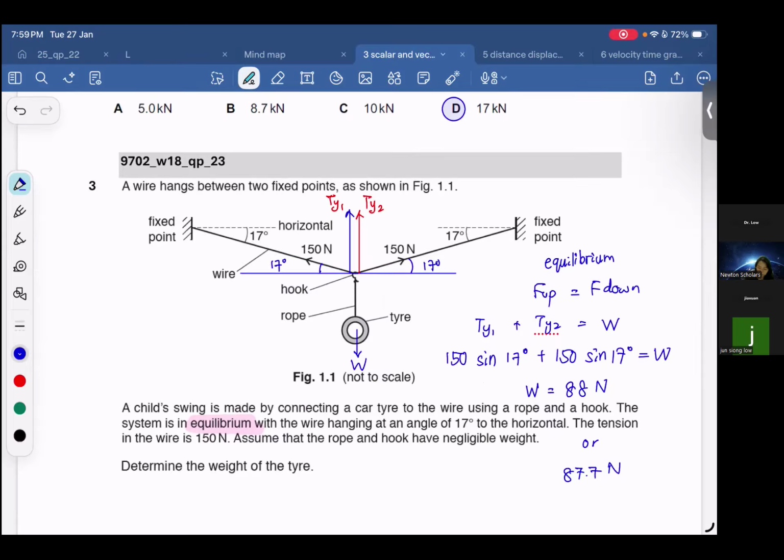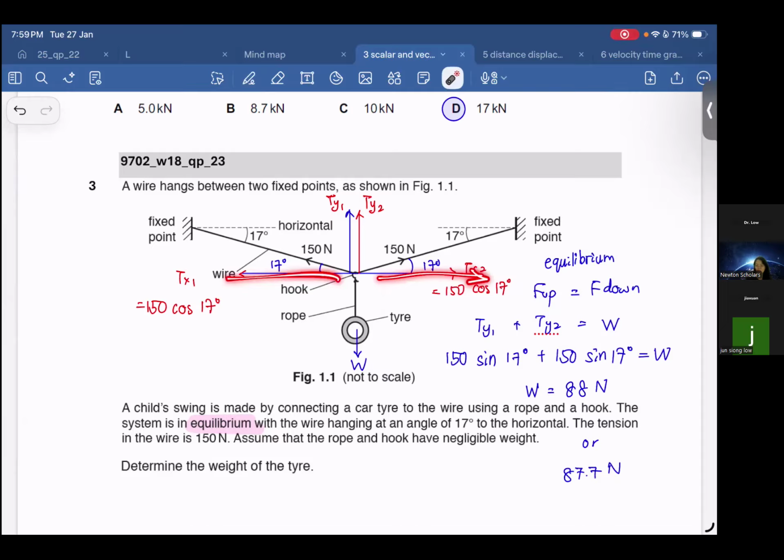If we want to find the Tx1 at here, then it will be 150 cos 17. If we want to find Tx2, it should be 150 cos 17. So can you see that left and right, they also balance.